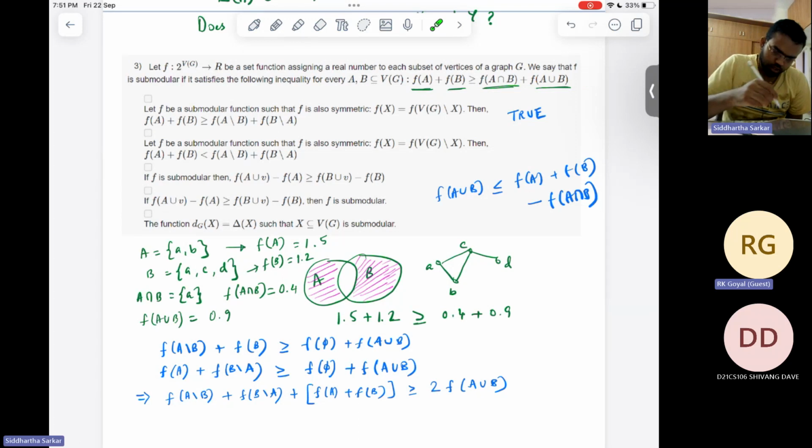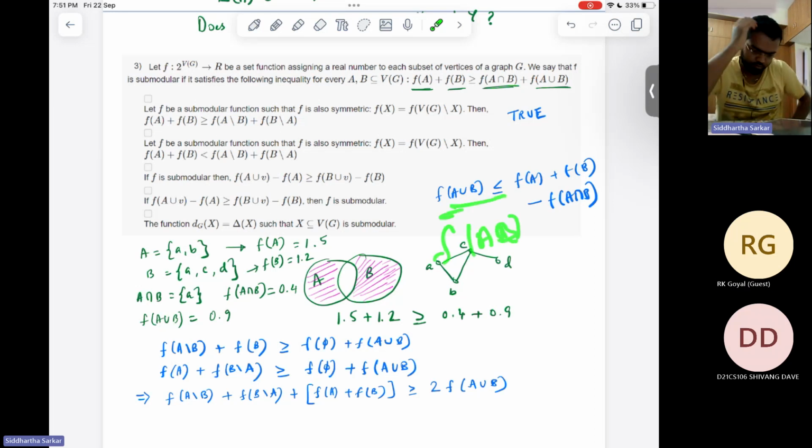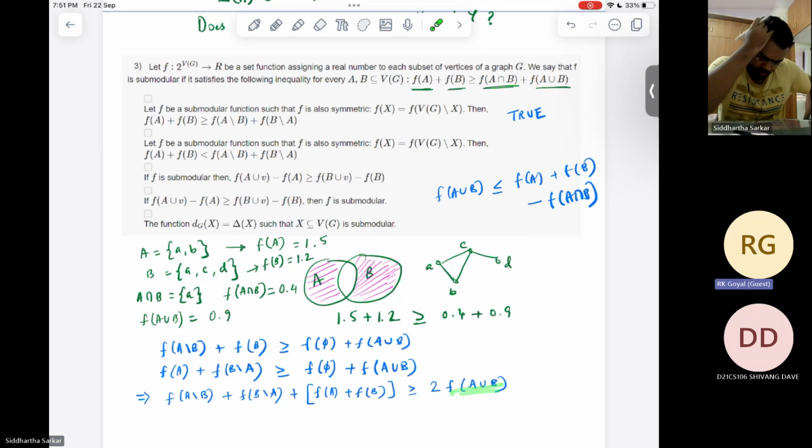So now one of this a union b we will replace by something. We want a lower bound on f of a union b so that we can replace it by something.